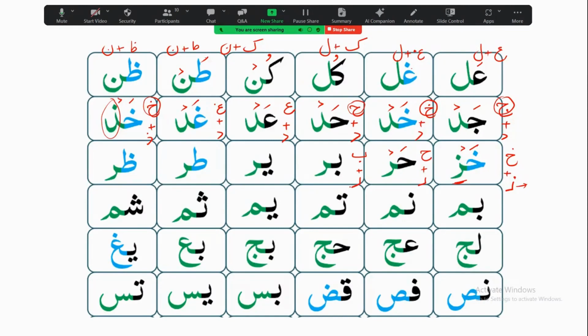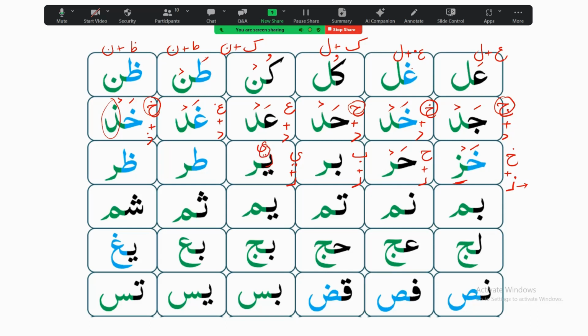Ba and ra, bar. Ya letter and ra, yar. I told you about the ways the ya changes its shape, in the possibilities that it can take. So ya letter here is written like this, we just took this part of the ya.